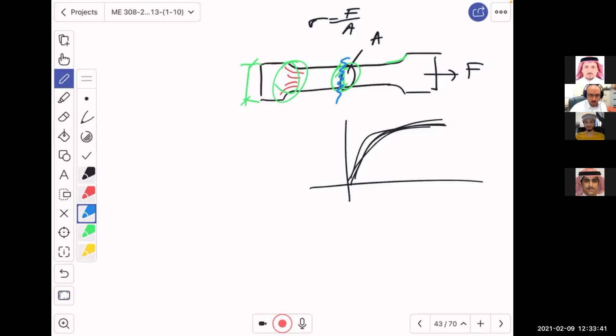Why? Because interestingly, if the machine shop didn't do a good job, you will take the samples, pull them, and all of a sudden, boom, you got failure over here. Another one, you get failure over here. Another one, you get failure over there. Another one, you may get one lucky failure in the middle, but the remaining keeps failing at the fillet.